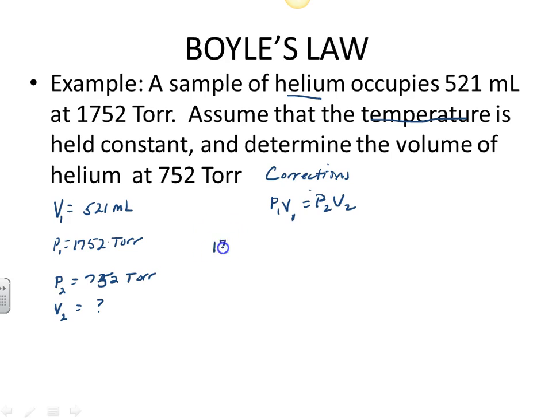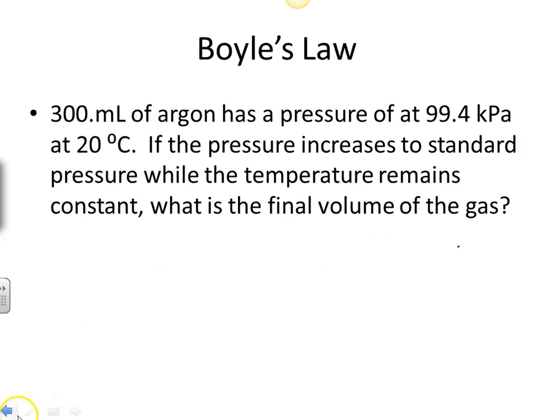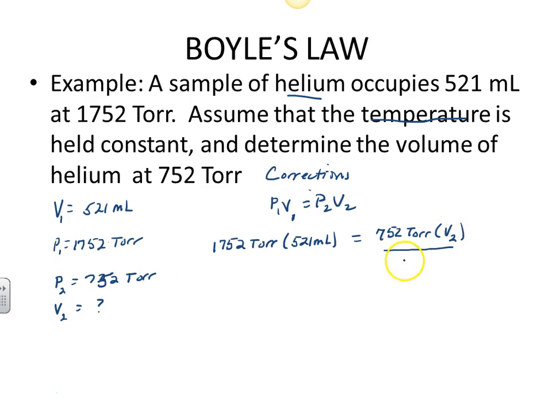First pressure is 1,752 torr. Corresponds to a volume of 521 milliliters. That equals the new pressure, 752 torr, so we have a drop of 1,000 torr. And we're going to solve for the value V2. To do that, we're going to divide by 752 torr.